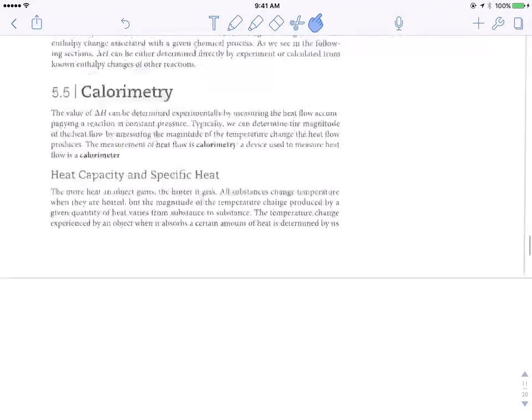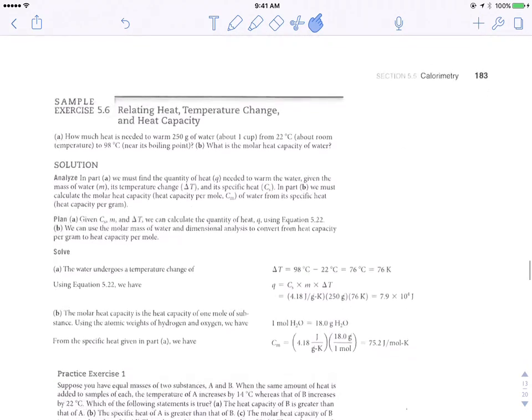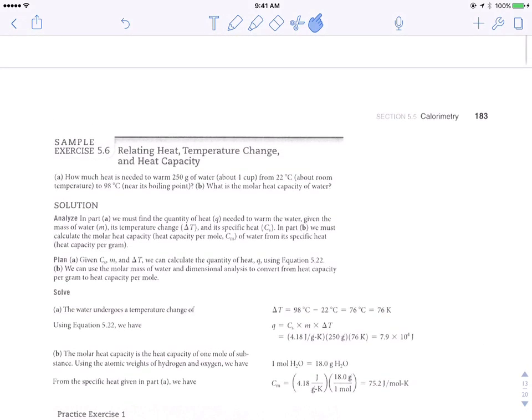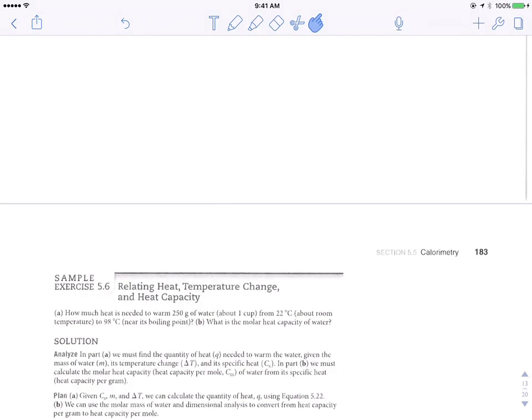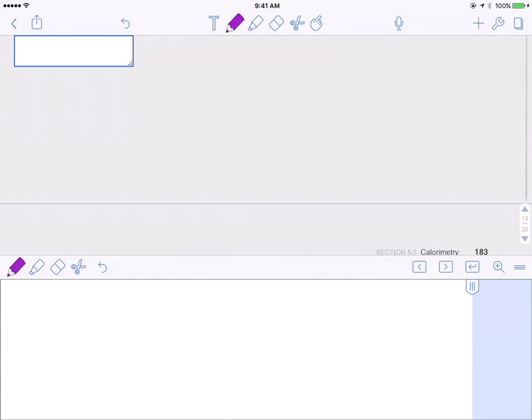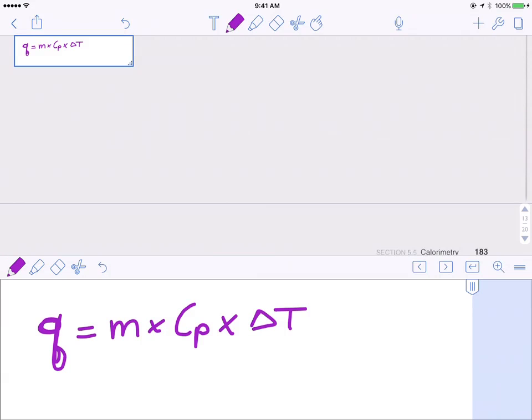Coming down to calorimetry, I do want to talk a little bit about calorimetry and heat. So in our concept of enthalpy, we're talking about heat. Now heat is determined by the mass of the substance times the specific heat, the amount of energy it takes to raise 1 gram 1 degree Celsius, times our change in temperature. Now this small p shows us that it's at a constant pressure, and that's okay.